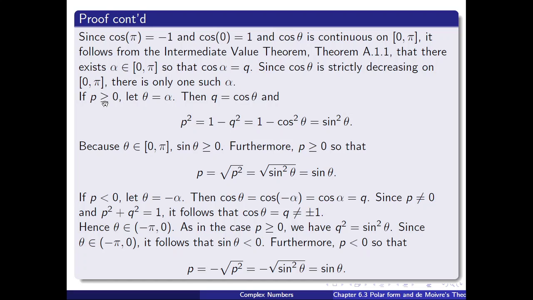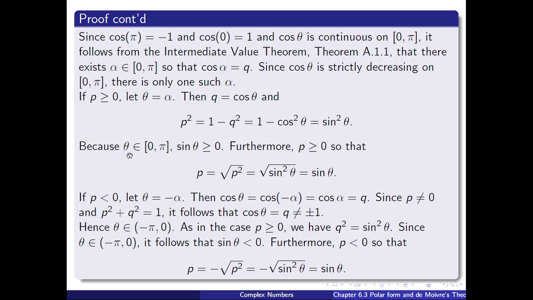Now if p is greater than or equal to 0, then let theta be equal to alpha. Then what it means is q is equal to cos theta, and p squared, which we know is equal to 1 minus q squared, is equal to 1 minus cos squared theta, which is equal to sine squared theta.